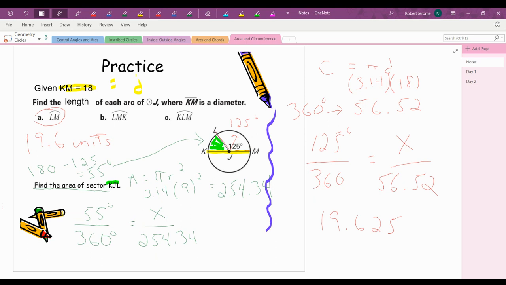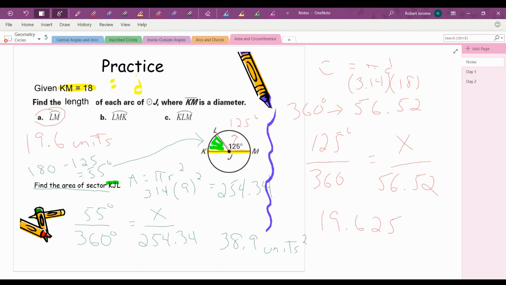And since we rounded to the tenths before, I'm going to round to the tenths again. We would always follow directions. Remember, you're looking for a part of that area, so it's going to be less than the whole thing. So it looks like we have 38, and if I go to the tenths, it looks like 0.9 units squared. And that's the area of the sector.